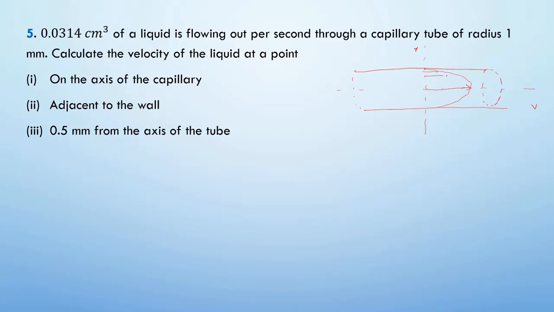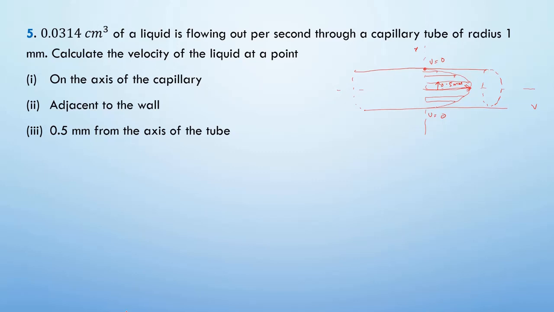So we are asked to find the velocity at the axis, the velocity at the walls, which is always 0, and the velocity at some point 0.5 millimeter from the axis.